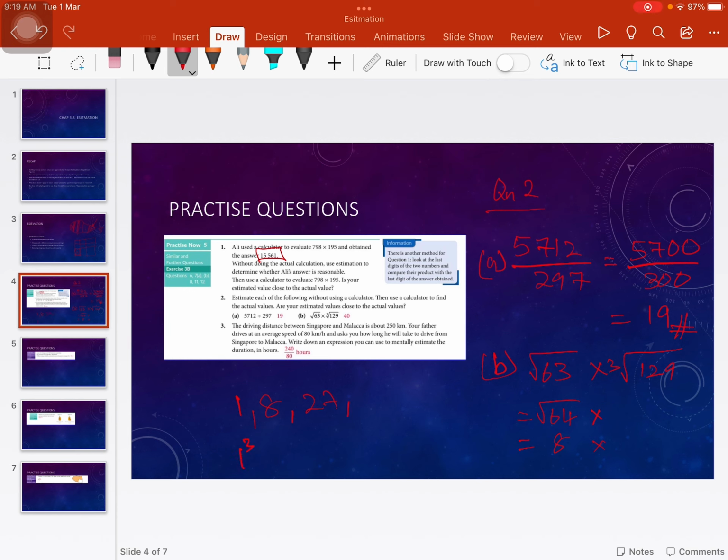That's 1 cube, 2 cube, 3 cube, 4 cube is 64, and the 5th cube is 125, and the next one, 6 cube, is 216. So you can't choose 216, so you need to choose 125. So cube root of 125, that's the closest you can get, approximate that, and you get 5, and the final answer is 40.